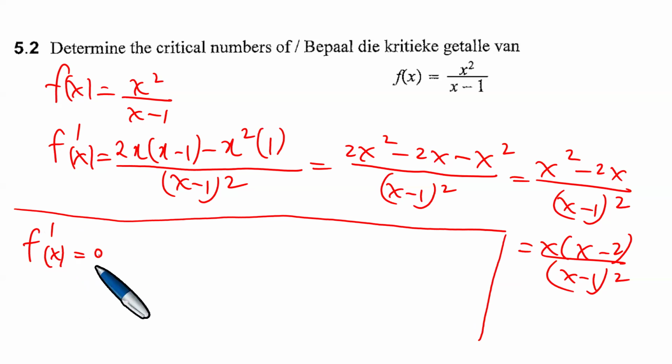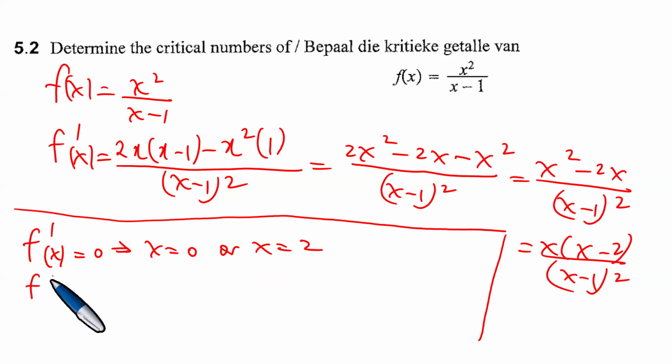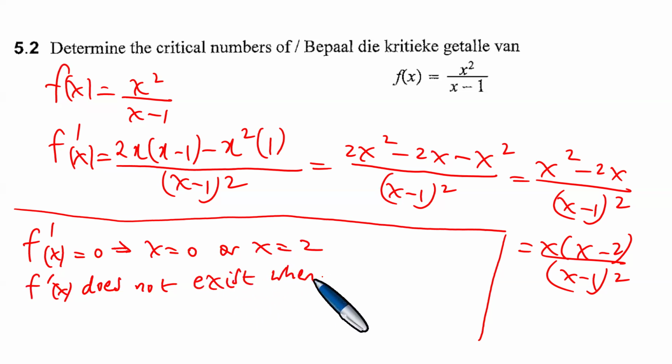If this is 0, this would imply that x is 0 or x is 2, which means f prime of x does not exist when x is 1.